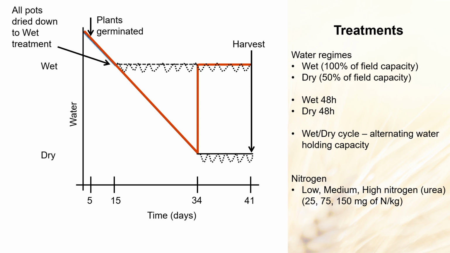In addition to my wet water treatment, I also had a dry water treatment. This is where some of the soils were dried down until they hit 50% of field capacity and then maintained at that level.